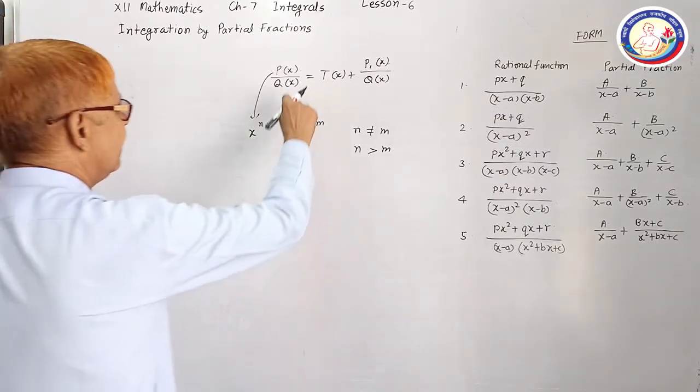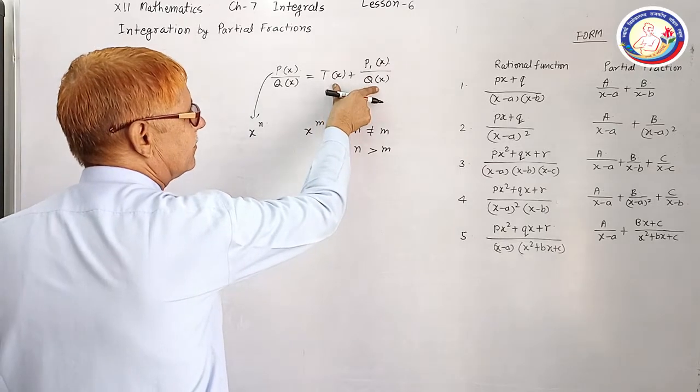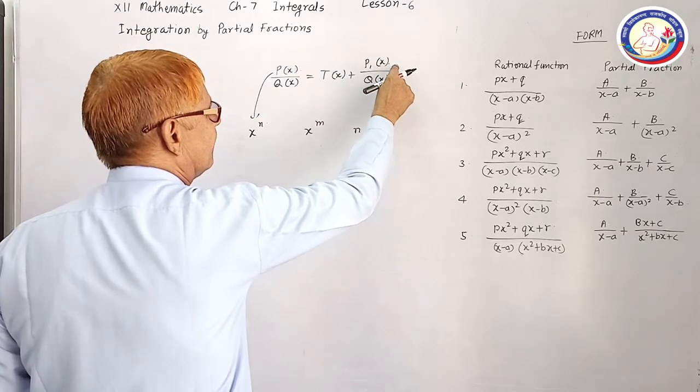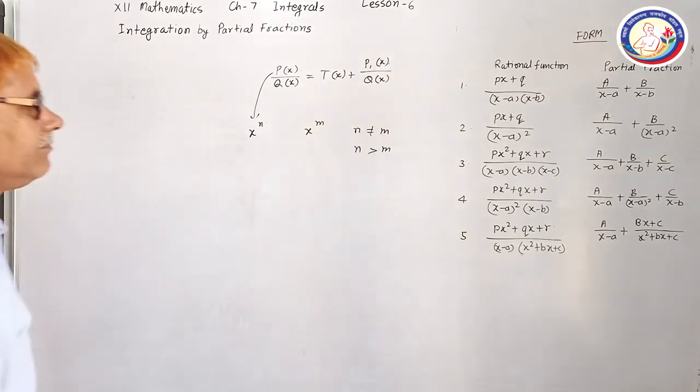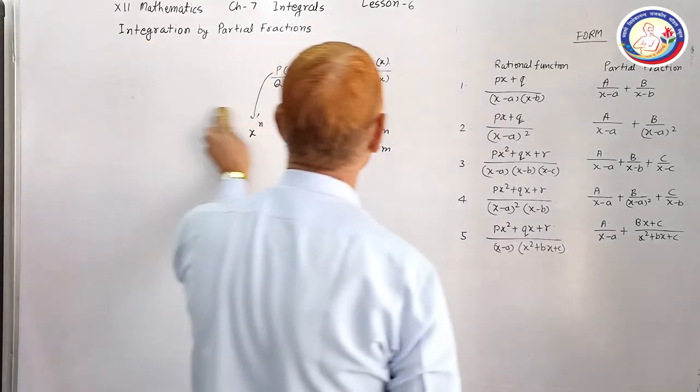So we will divide numerator by denominator, then we will have two parts, and this will be a proper fraction. So how to find partial fractions?